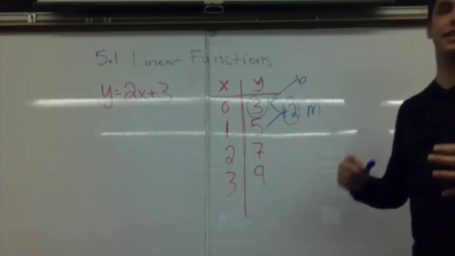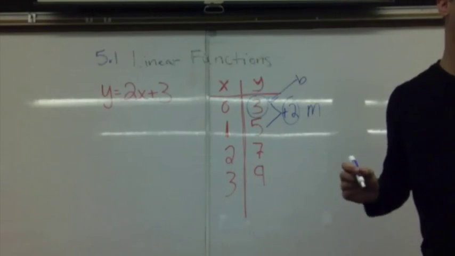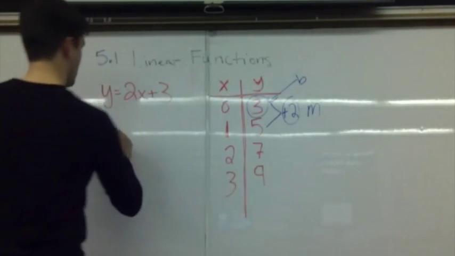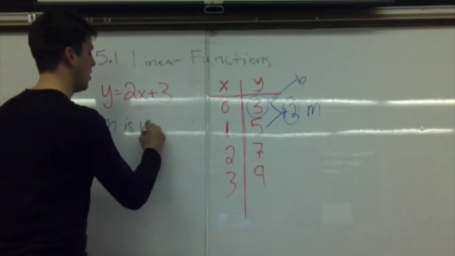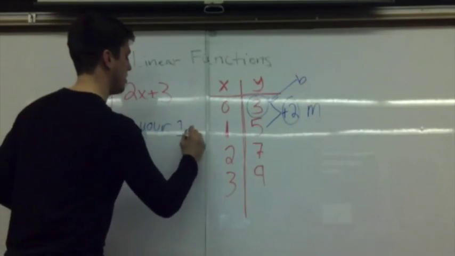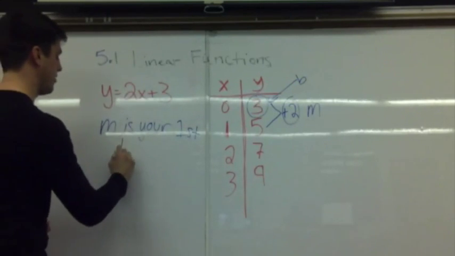And in English, you would say this. M for a table is your first difference.